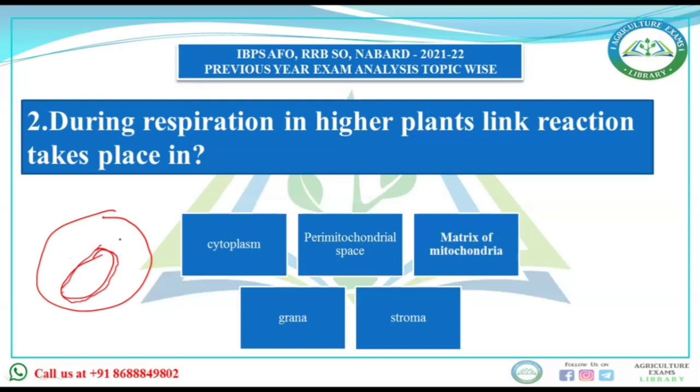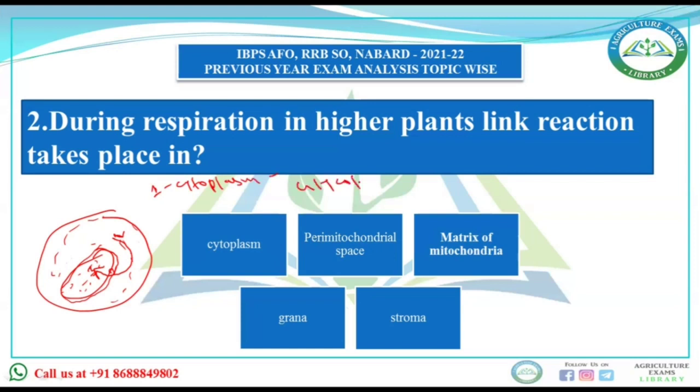Okay, now this is cytoplasm, and this is the matrix of mitochondria. Suppose you draw a line. You give the first point here, the second point in between the membrane, and the third point here. The first one is the cytoplasm. In cytoplasm, what takes place?